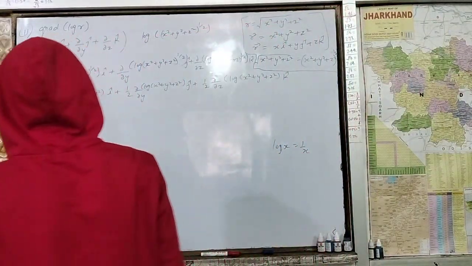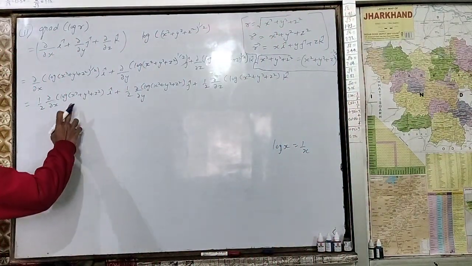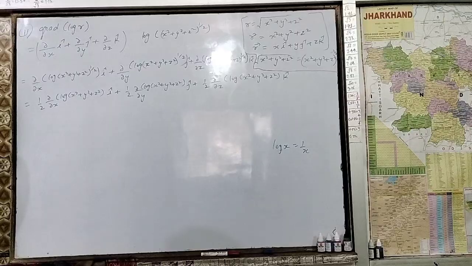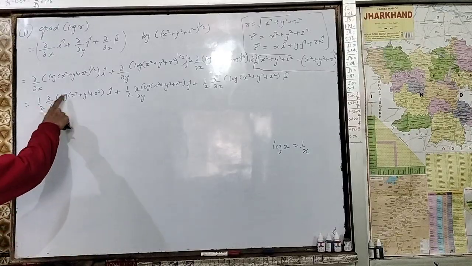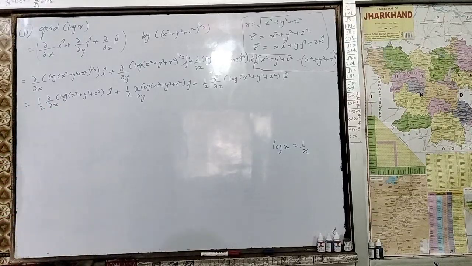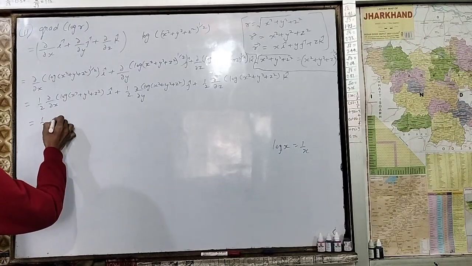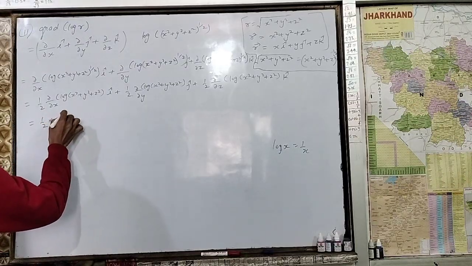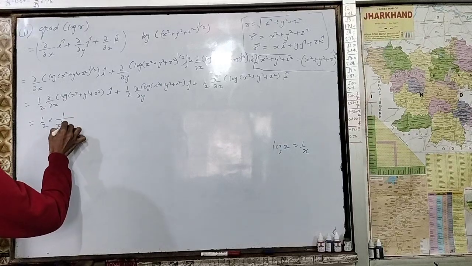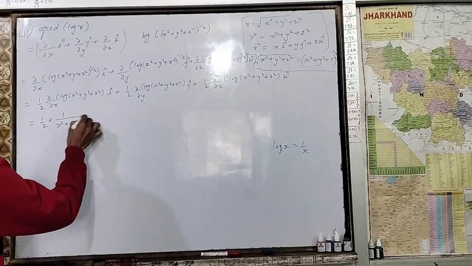First 1 upon 2, and second is this 1 upon x square plus y square plus z square. Then we will differentiate this dx square upon dx, which will be equal to 2x. So 1 upon 2, and this will be equal to 1 upon x square plus y square plus z square.